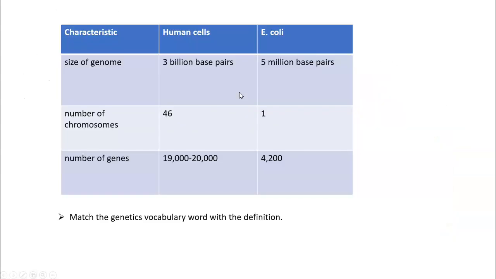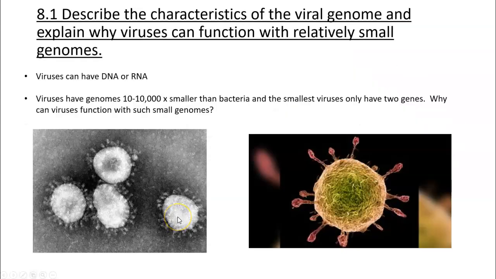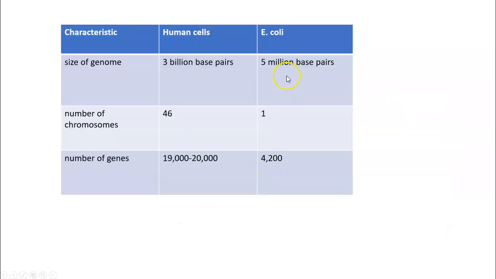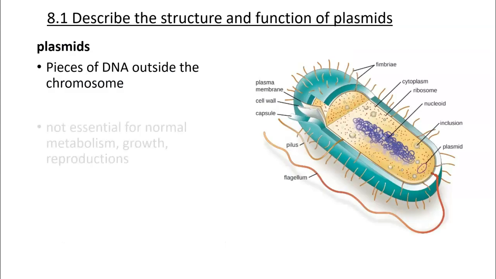If we go back and look at our table, we said if we're looking at the genome size, 5 million base pairs in E. coli, and about 4,000 genes, viruses can have 10 to 10,000 times smaller genomes than bacteria. And some viruses only have 2 genes, and they would be to make specific parts of the virus. So viruses have much smaller genomes.